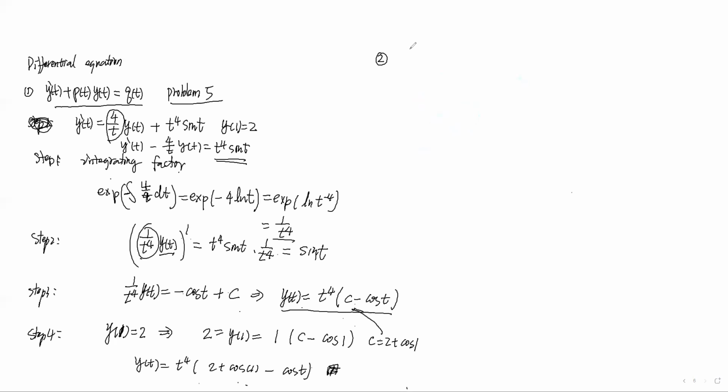Type 2 is kind of separable. For example, the problem should be like this: dy/dx is y over x. Sorry, made a mistake. If I write it in this form, it's 1 over x times y, and the type 1, the first type, is the same.